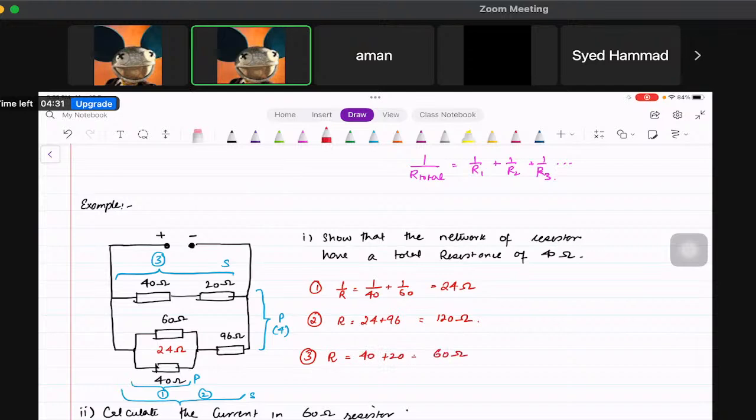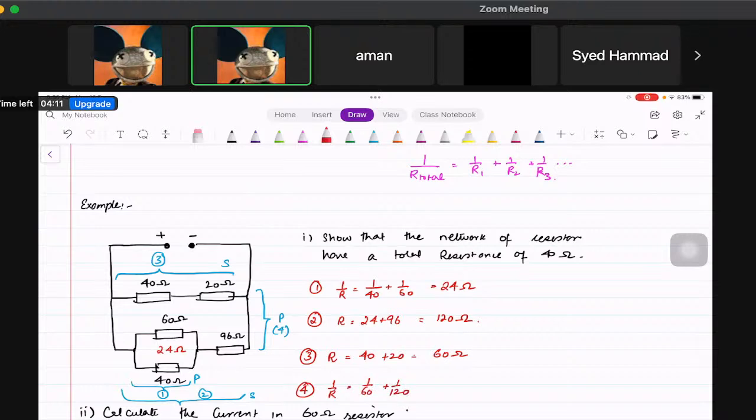And for the fourth section, because now the third and the second section are both in parallel, I'm going to write 1 upon R equals 1 upon 60 plus 1 upon 120. Again, you can use the calculator.